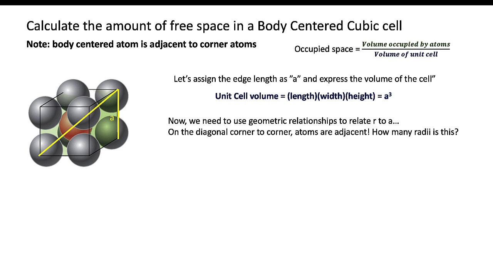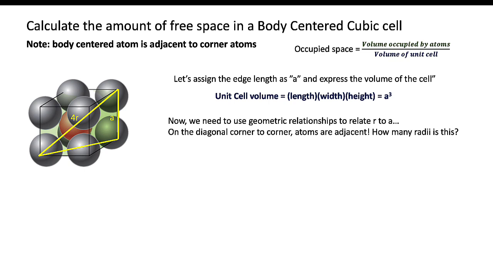It's as we go through the middle and from corner to corner. So if this is how the body-centered atom is adjacent to the corner atoms, how many radii does this cover? The answer is it's 4 radii, 4r, because we have 1 radius on each corner atom and 2 radii for this central body-centered cubic atom.